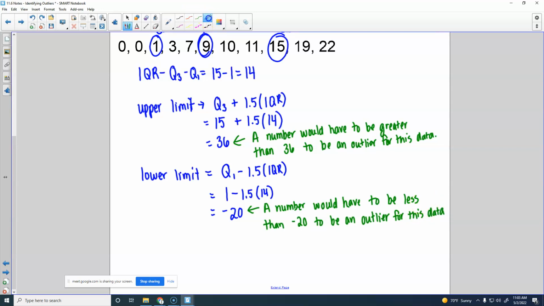So we could conclude here that we have no outliers. Okay, questions?